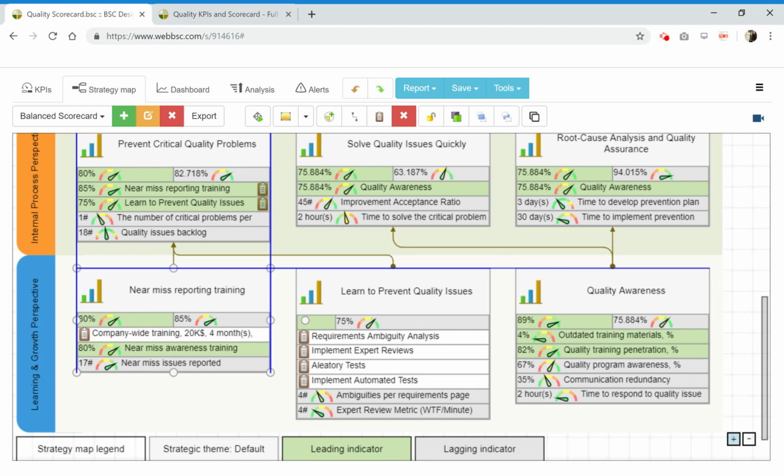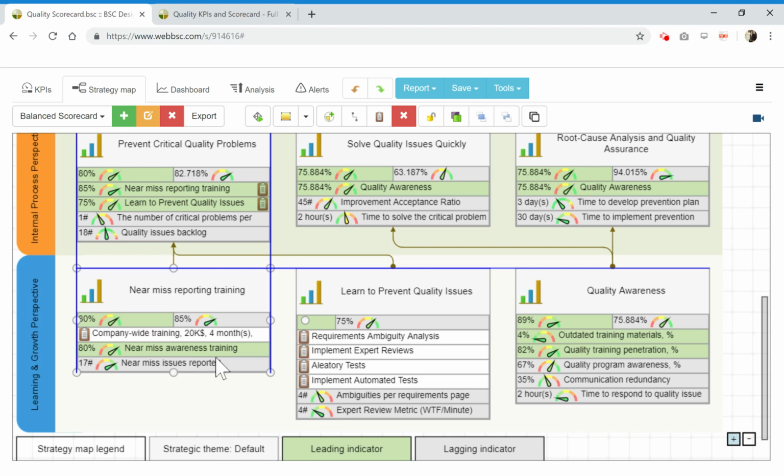We know that we need to do some training in this domain, but we don't have enough details. On the other hand, these two metrics give us a very specific view on this goal.